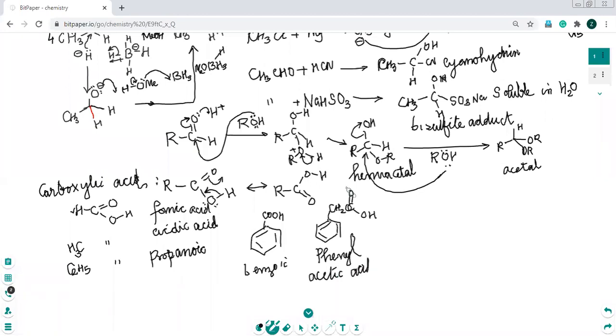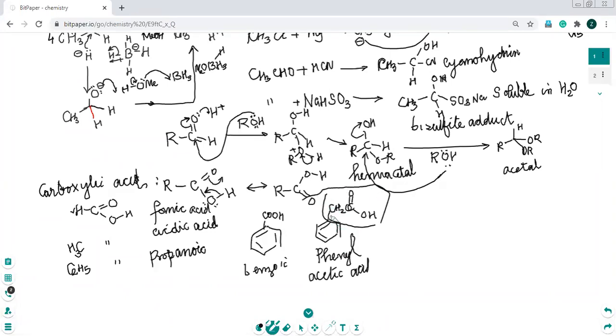Look at the nomenclature. If the carboxylic acid is directly attached on the benzene ring, it is called benzoic acid. But when it is attached to an aliphatic chain, it is based on the aliphatic chain that we number the compound.